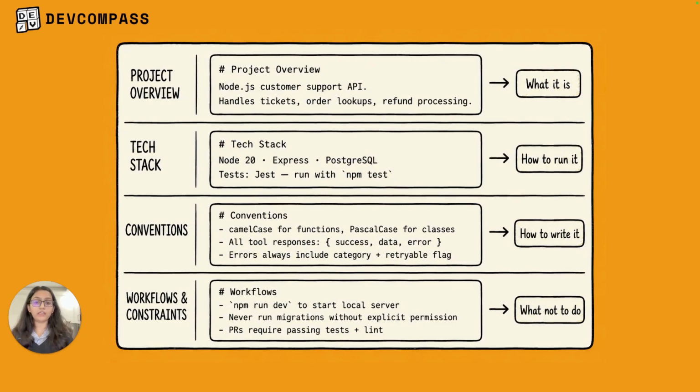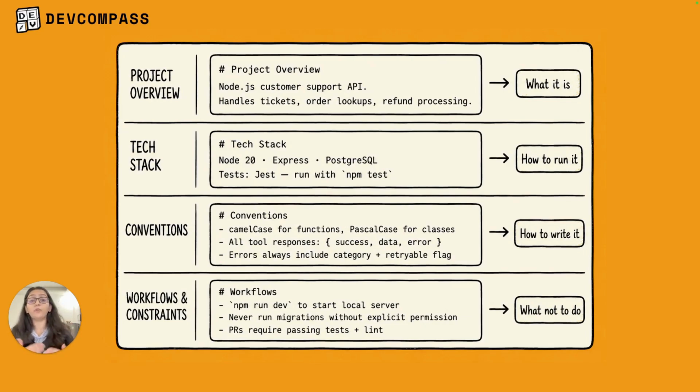The second section is the tech stack: framework, language, database, test runner, just the things Claude needs to know to write consistent code and run the right commands. Node 20, Express, PostgreSQL, Jest for tests, run tests with npm test, whatever it is around your tech stack. The third section is about conventions.